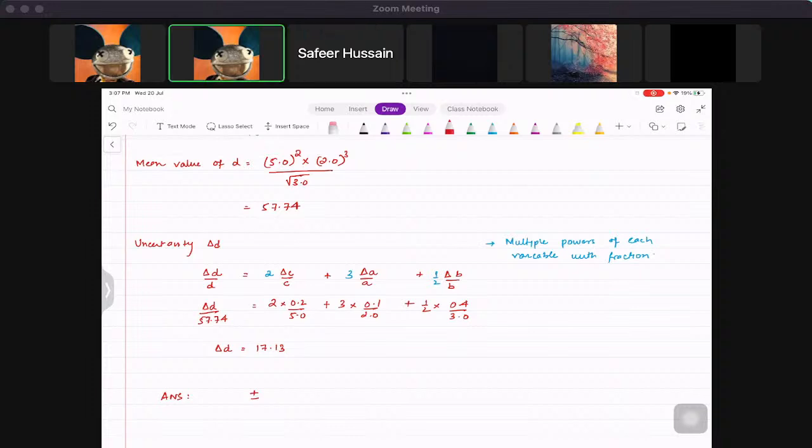Is it clear? So make sure that you write it to one significant figure. 17 is 2. Okay, Rami? Yes. And now, because there are no decimal places, I will round this off so that there are no decimal places. So 57.74 can be written as 58. And that would be the correct answer. If you have any questions, please let me know.